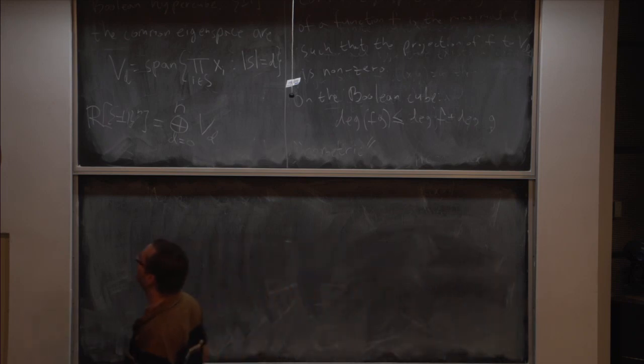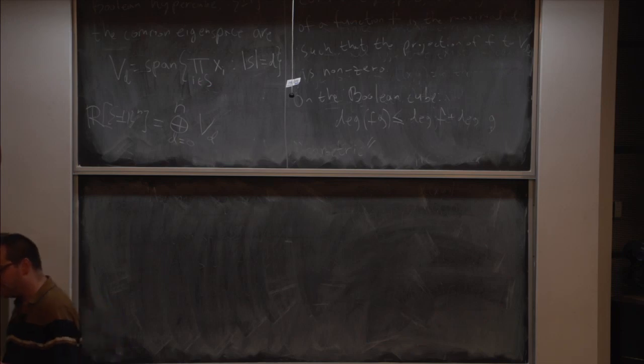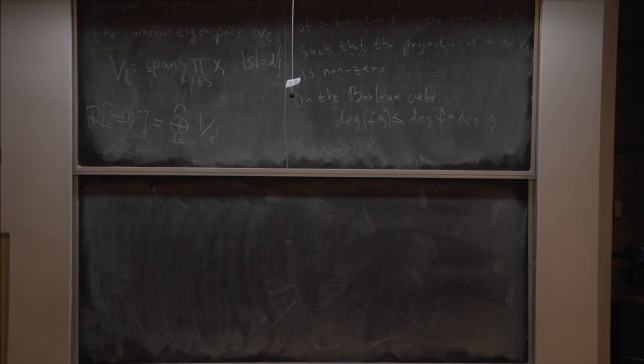So there's something I forgot to mention. With each association scheme, you can associate two matrices, P and Q. One of them is: you take the matrix which contains ones exactly when the vertices have distance i, and you consider its eigenvalues and make a matrix out of it. This is called P, or maybe Q, and the other one is its inverse.